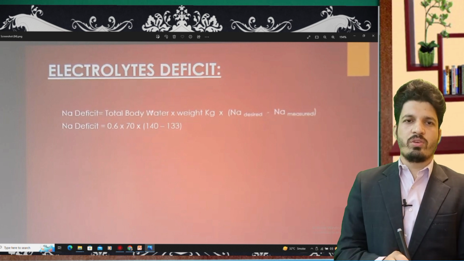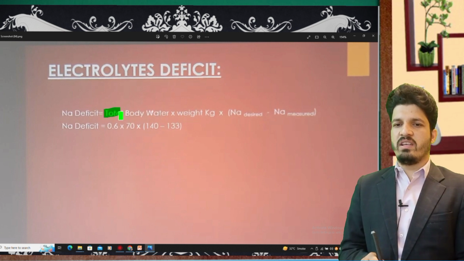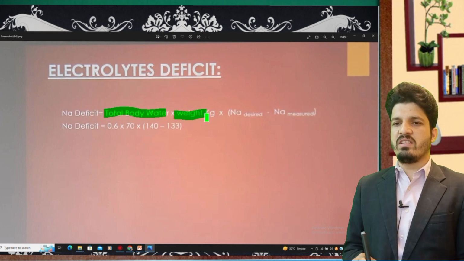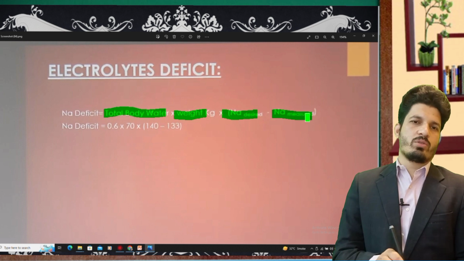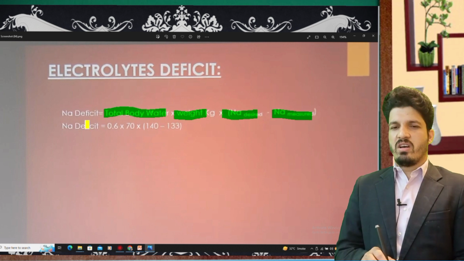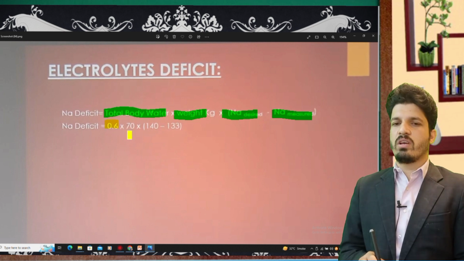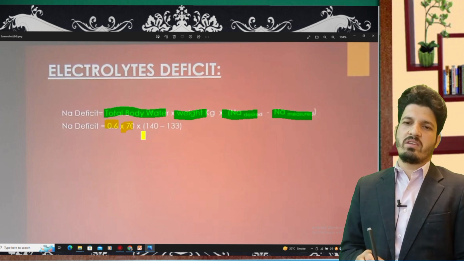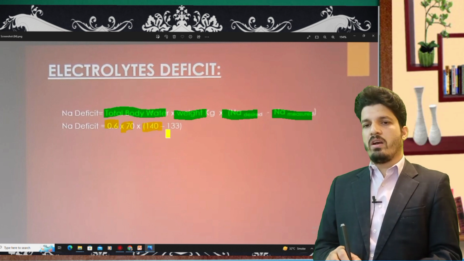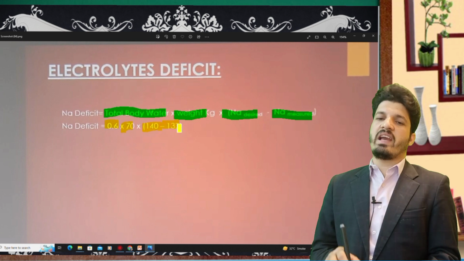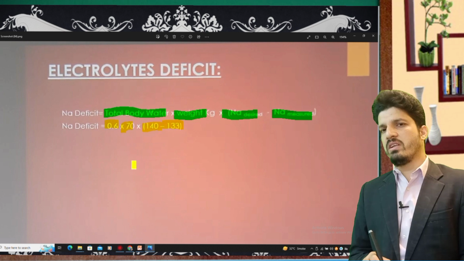Here you can easily see that the formula is total body water multiplied by weight in kg multiplied by sodium desired minus sodium measured. So it will be 0.6, that's the total body water, the constant value. 70 kg is the weight of the patient, and our desired value of sodium is 140 minus the measured sodium, that's 133. It will be from the lab values.